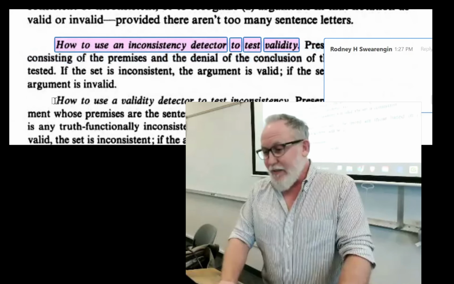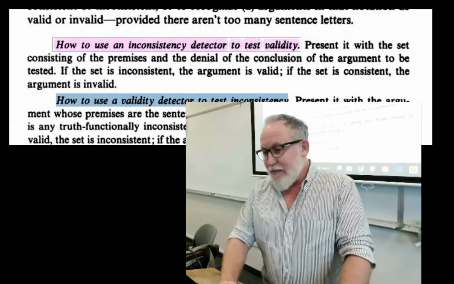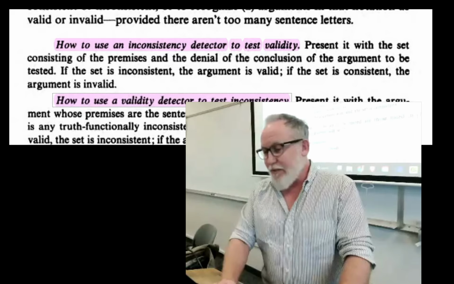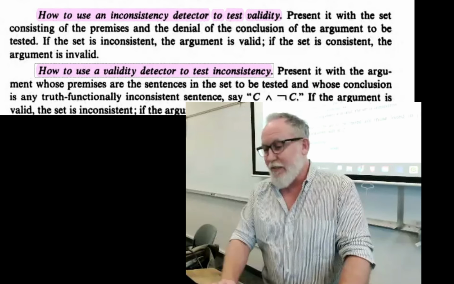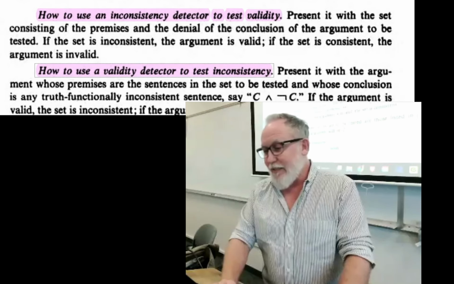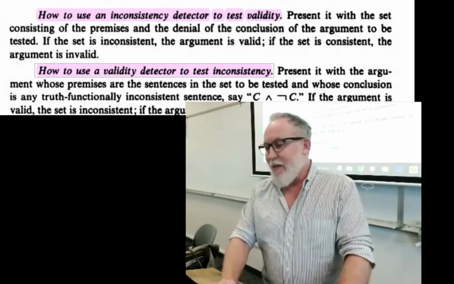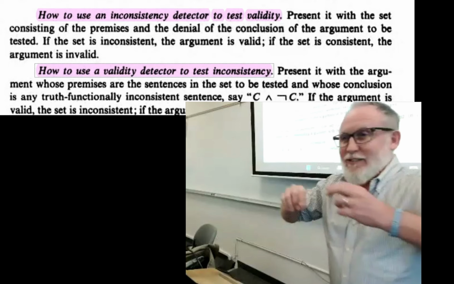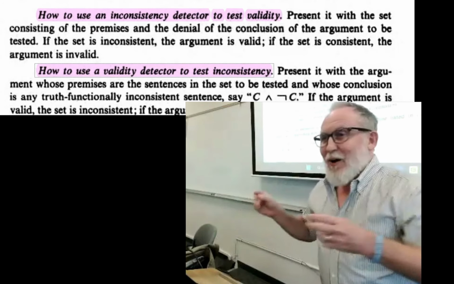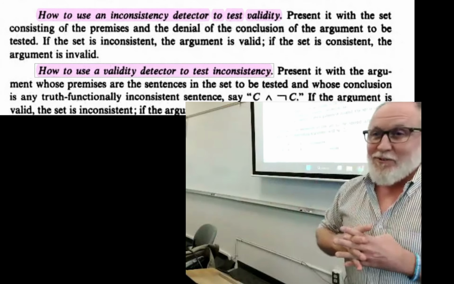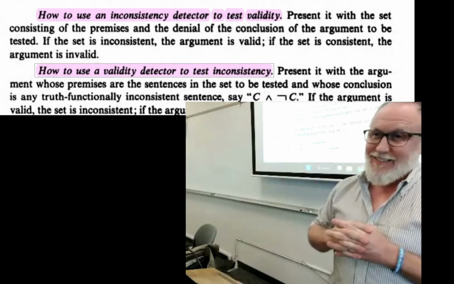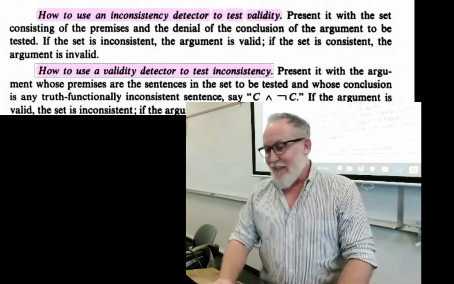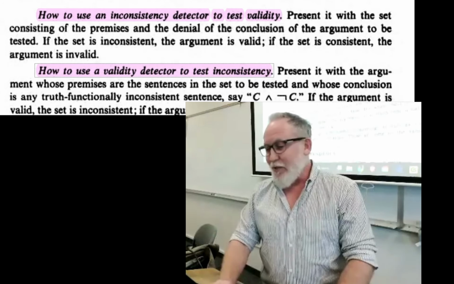And then here he has these italicized sections: how to use an inconsistency detector to test validity, how to use a validity detector to test inconsistency. So he's making the point that testing validity and testing inconsistency are logically equivalent. It's just different ways of looking at the same problem.